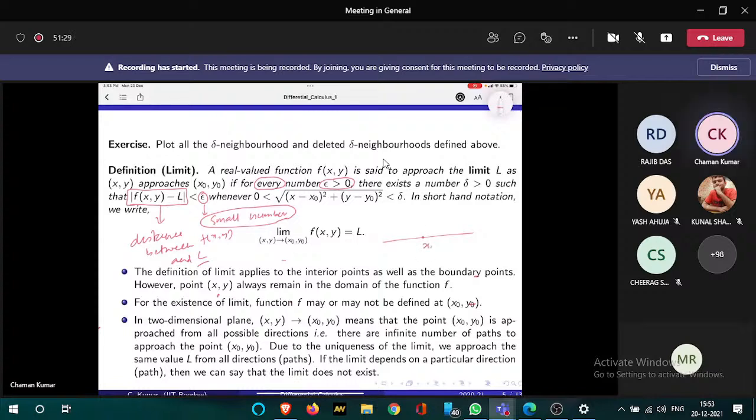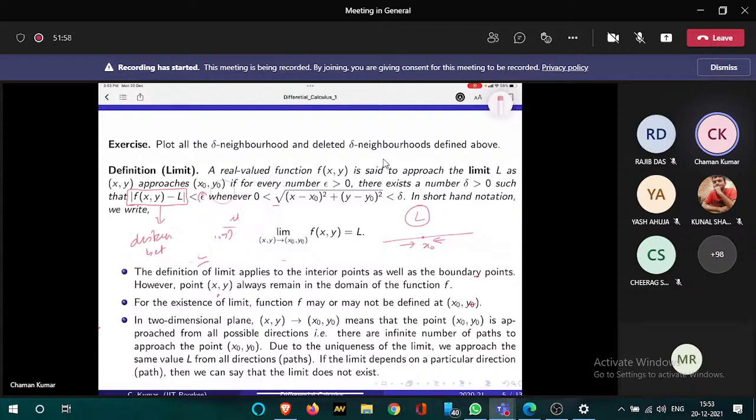When you reach the point x naught from the left hand side and from the right hand side, the value of the function is going towards some constant L. So that means the distance between f and L is becoming very, very less. Okay, sir. Okay.